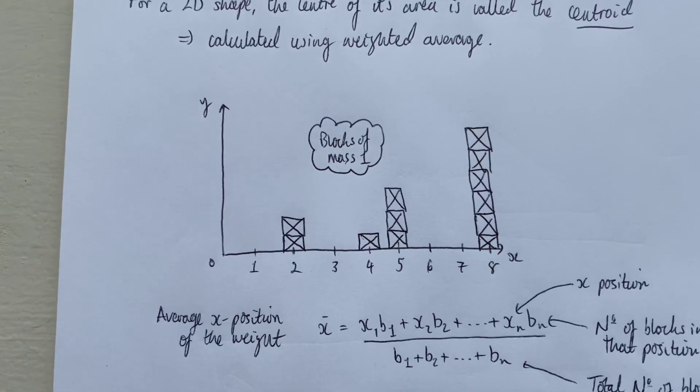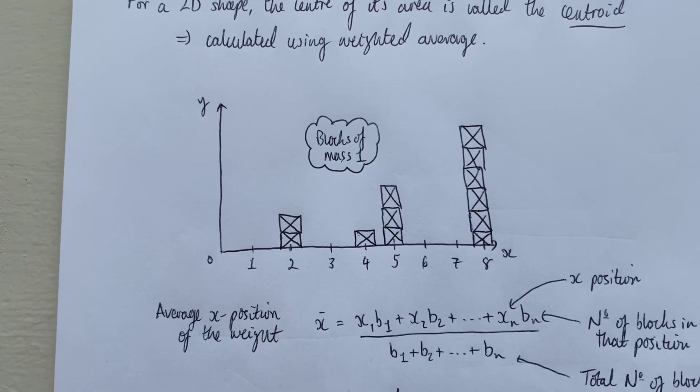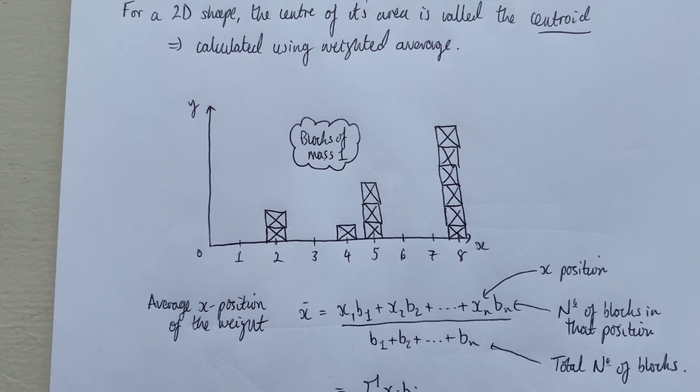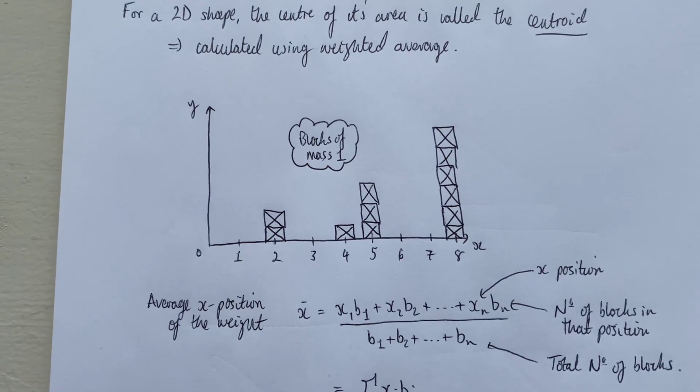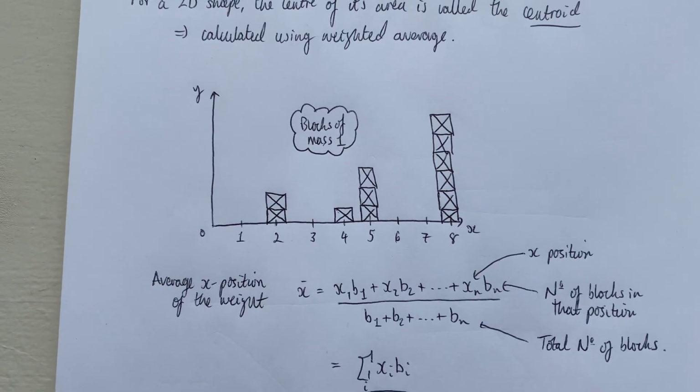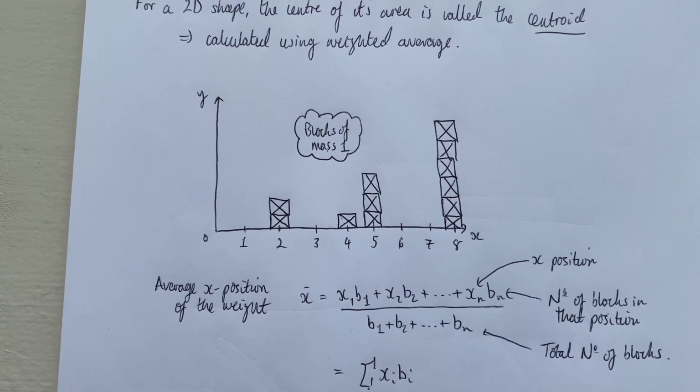Well, I think about where the blocks are in relation to their position on the x-axis, how many are in that position, and then average that by dividing through by the total number of blocks.